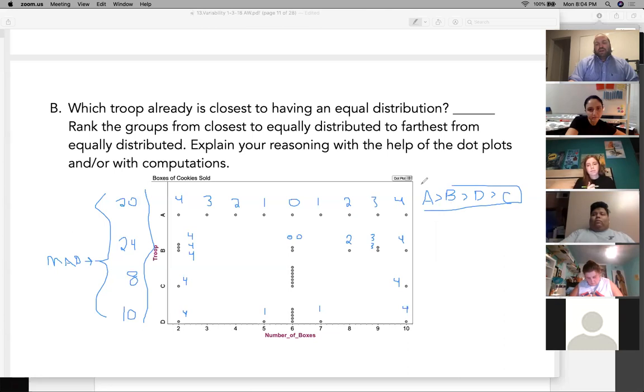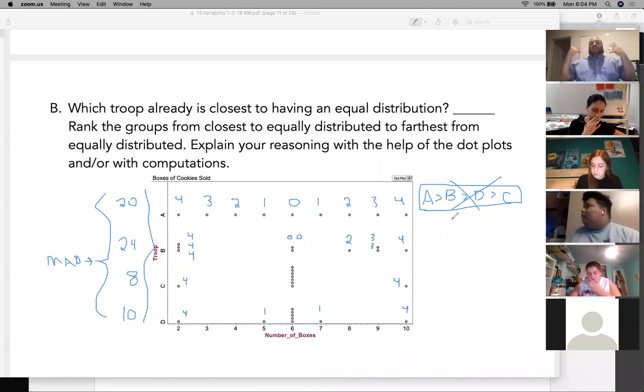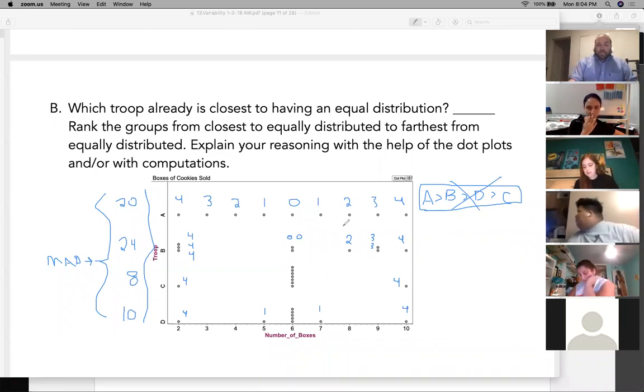These were my rankings from most equally distributed to least likely equally distributed. These numbers are not connected at all. They're my rankings for which one is most equally distributed, and this was a completely different thing altogether.